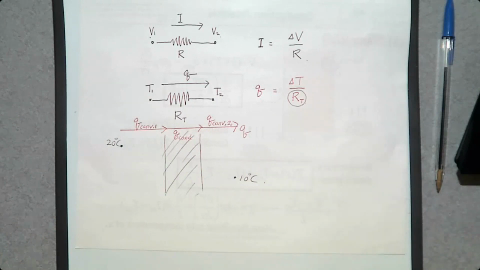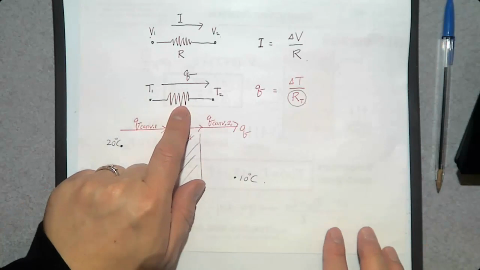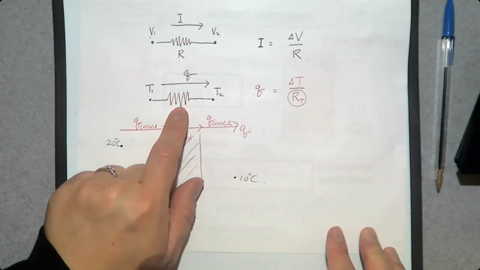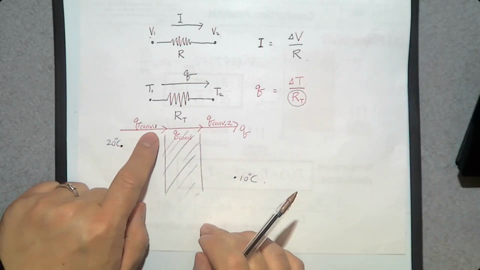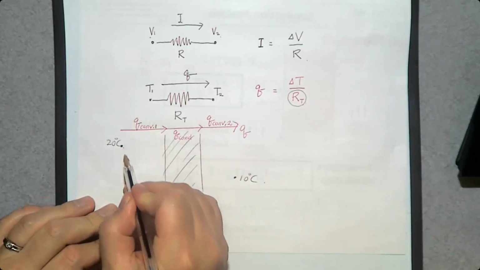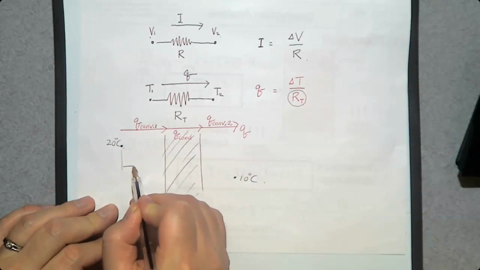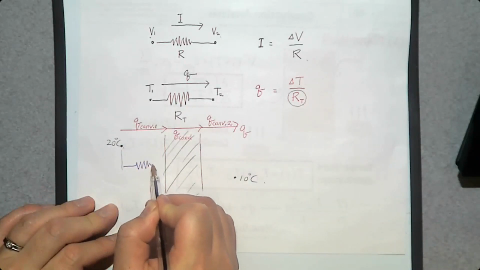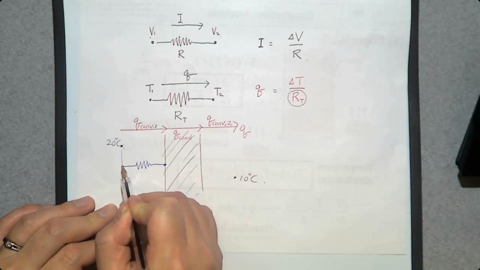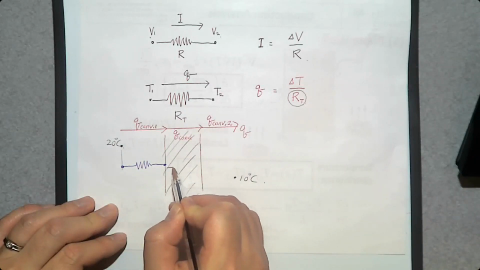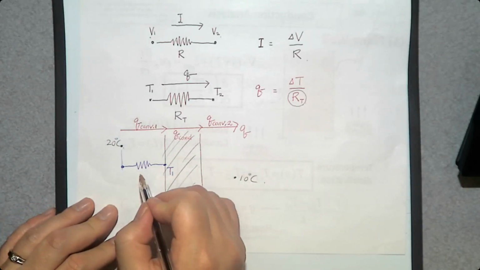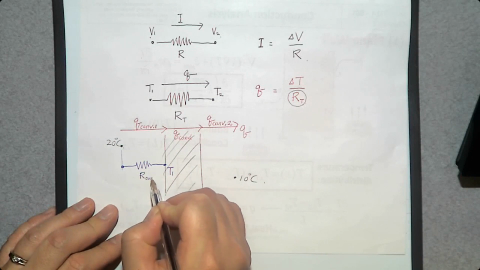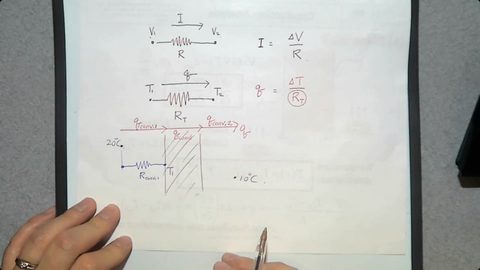Then each heat transfer can be counted as one resistance. So we can say this convection resistance is here between 20 and the inner surface, whose temperature is unknown. So I'm going to say T1. And so this is convection resistance, R of convection, number 1.